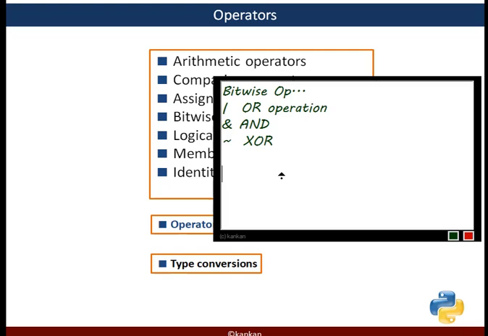Next one is bitwise complement. It performs binary ones complement. This is for the ones complement operation.